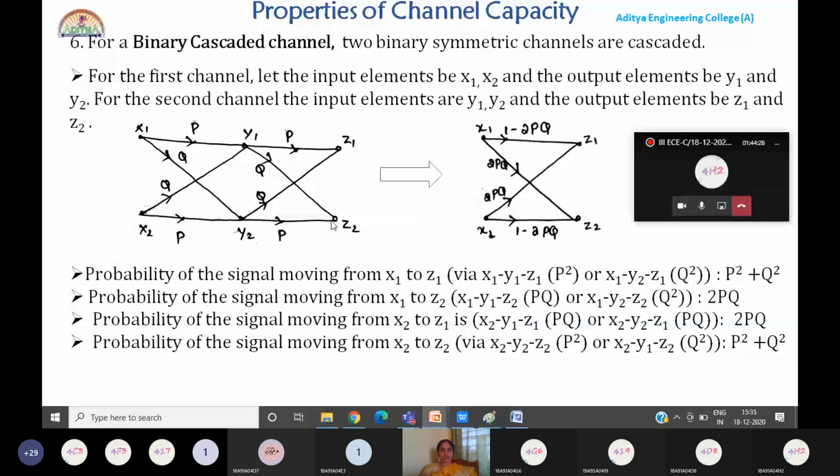Please respond. చెప్పండమ్మా. How can we calculate the probability of x1 towards z2? Because first row second element is x1 z2. So ఎలా calculate చేస్తారు చెప్పండి? x1 to z2, how many paths are there?